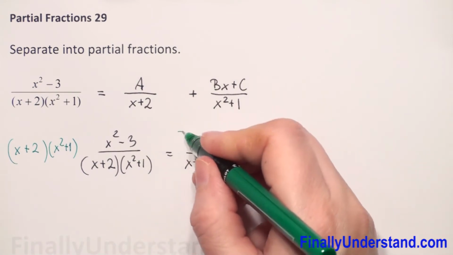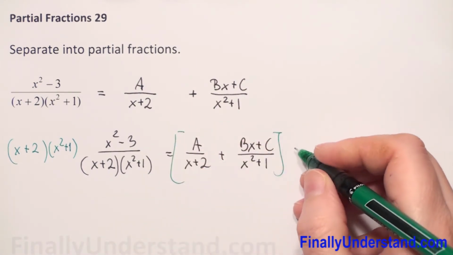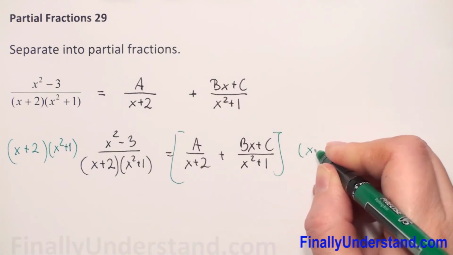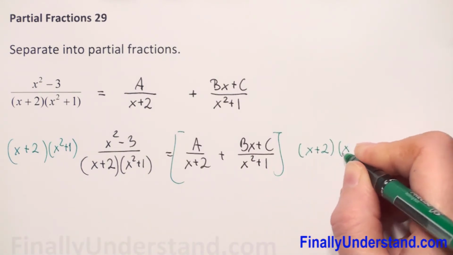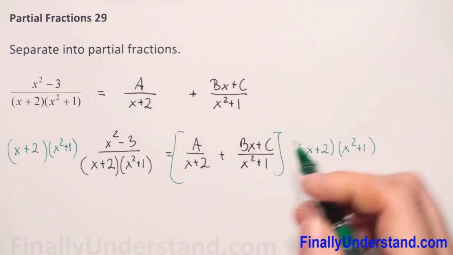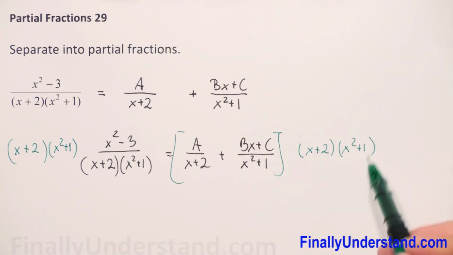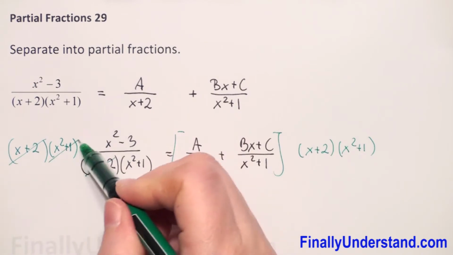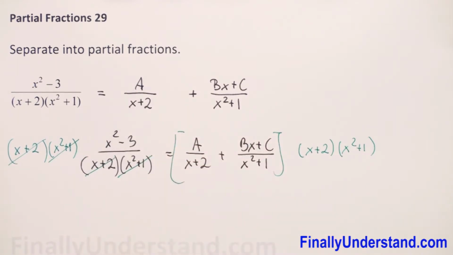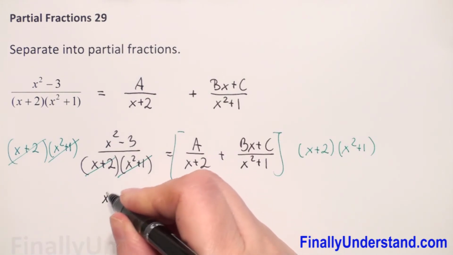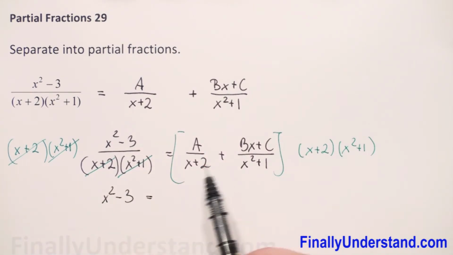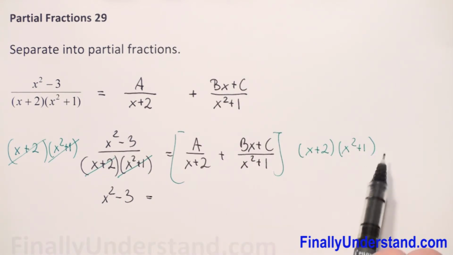Both sides. So we have to put the right side in brackets, and we have to multiply every fraction by this whole expression. So now x plus 2 we will cancel out, x squared plus 1 we can cancel out, so we have only x squared minus 3 in the numerator. So this is equal, and now we have to multiply every fraction by this whole expression.